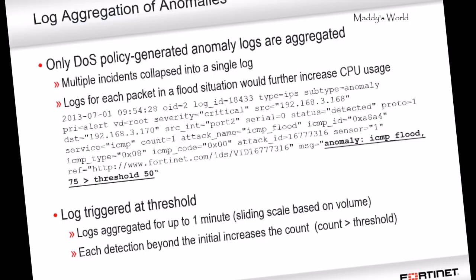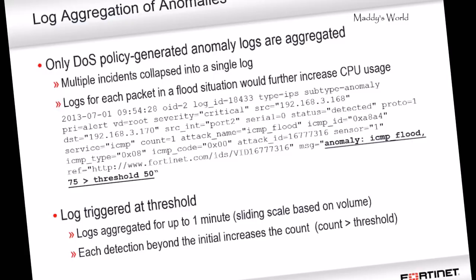So instead, FortiGate collapses incidents by periodically recording only one message for all of them and noting the number of incidents. Here, the detection threshold was 50 and the total count is 75. So FortiGate doesn't make 24 separate log entries, one for each incident above 50. It's just one log message.